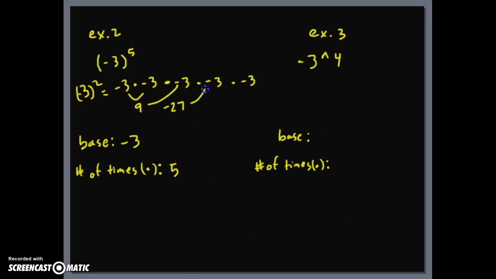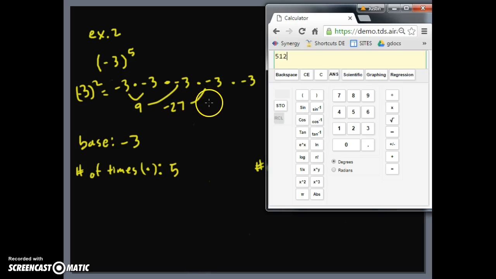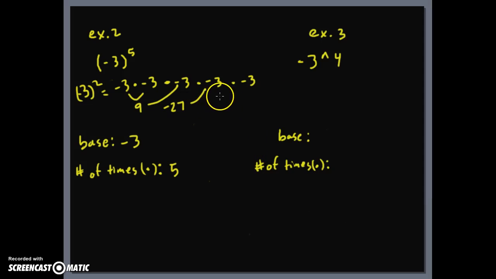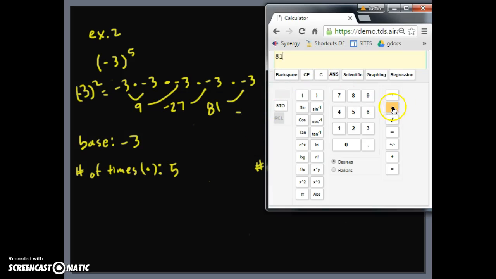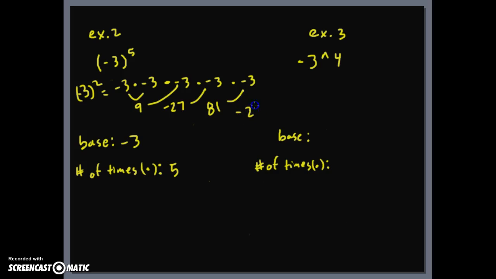Negative 27 times a negative 3, I'm going to go ahead and use the calculator for this. So we've got negative 27 times negative 3 is a positive 81. And then finally, positive 81 times a negative 3 is going to be a negative 243.